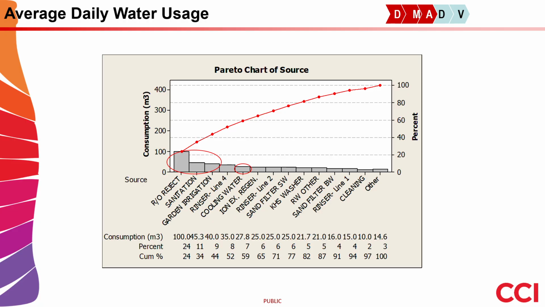Here in this slide you can see a Pareto chart for the sources, showing how much water is being used for which purpose and for which section. Through this we would be able to analyze what the main consumption area of water is.